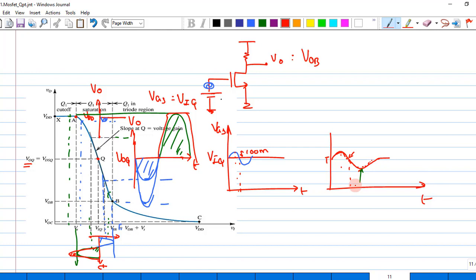Now before we really get into the problem, I just want to point out one important thing. There is something known as small signal. So we call this a very small signal, or the incremental changes, and I generally prefer to use the notation vgs. Does it make sense?